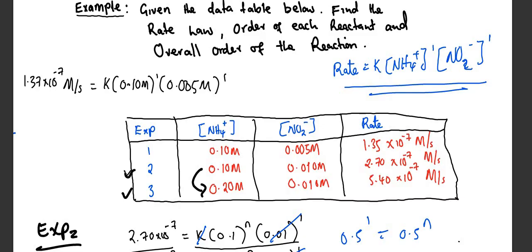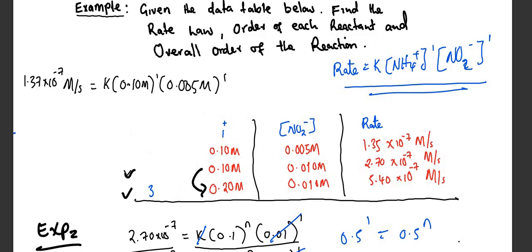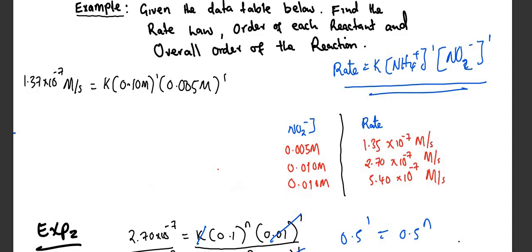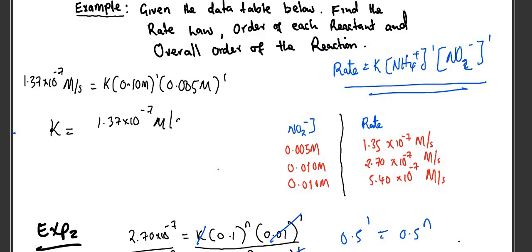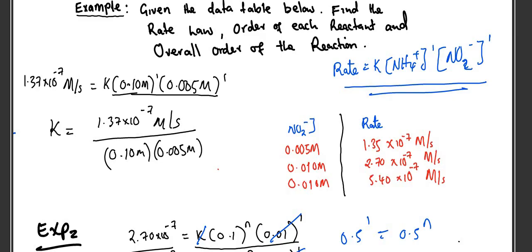So if we solve this now, your K is equal to 1.37 times 10 to the power negative 7 molarity per second, divided by 0.1 molarity and 0.005 molarity.